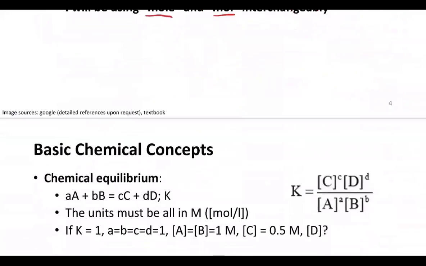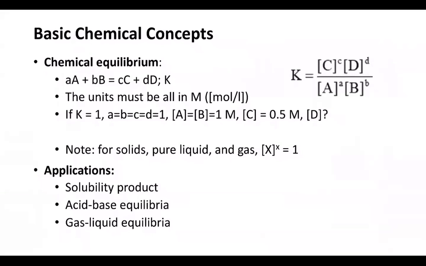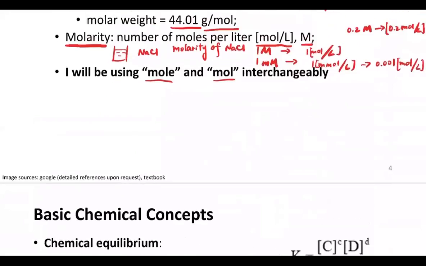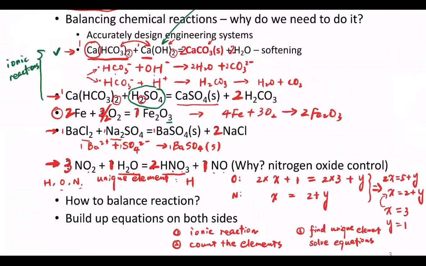So now here is something a little bit complex. Okay, so this is the chemical equilibrium. I hope that most of you know what this means, but if you forgot, basically chemical equilibrium determines the final state of a reaction. So for example, if we go back to these reactions that we talked about earlier, although we write out these reactions with the equation symbol, the equation symbol doesn't mean that this reaction will happen completely.